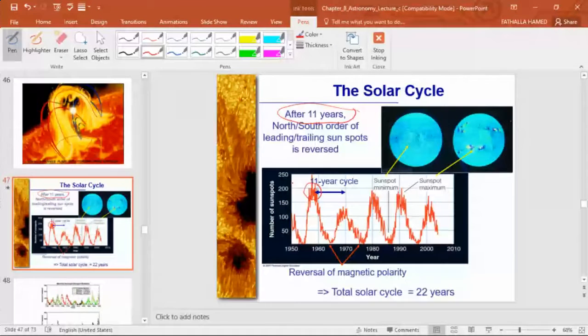Something interesting was found: sunspots are not static, they are changing. The number varies between a minimum and a maximum value. It doesn't have to be the same maximum number, but there seems to be a minimum and a maximum, a minimum and a maximum. And of course, between these two maxima, it happens every 11 years.